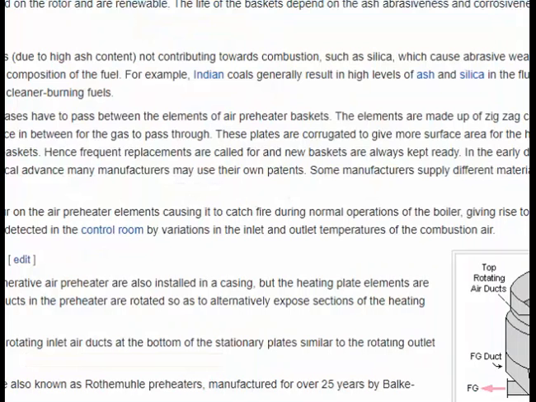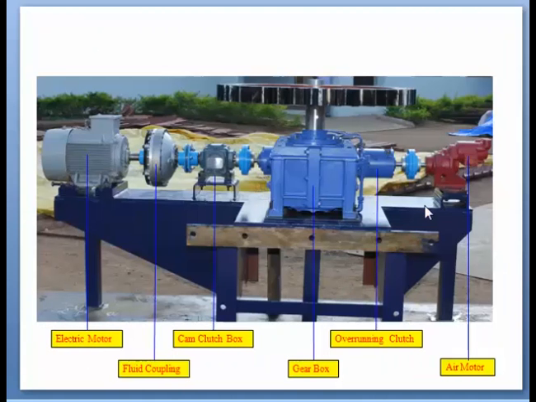So this is the schematic where you can see the electrical motor, then coupling, clutch box, then gearbox for speed reduction, then overrunning clutch and air motor. The speed transmitted by the motor is reduced with the help of this gear.